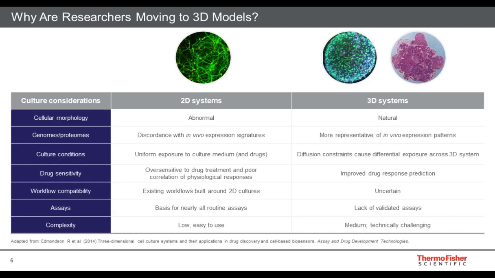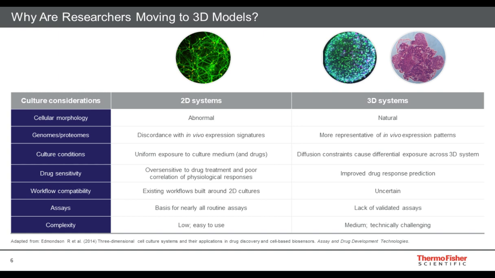So, a popular question if you're new to this area or something you're just hearing about more recently is, why are researchers moving into these systems? What's all the hype about? Largely this is driven by the desire to make better cell models for studying human biology.